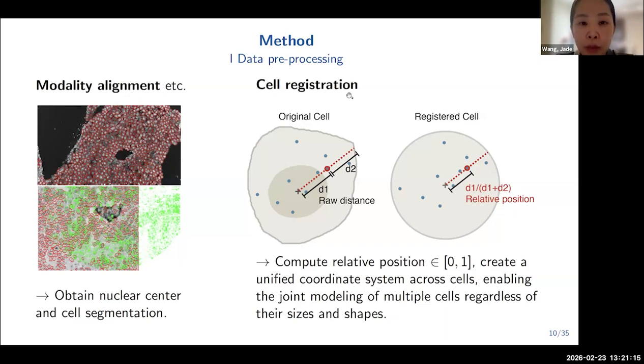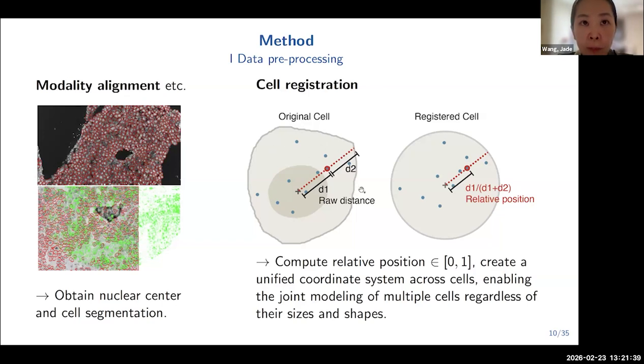And then we move on to the second stage of preprocessing, an important step, because we said in many cases we want to borrow information across multiple cells, but these cells have different shapes. So we'd like to register cells into a common template. Suppose here is some random cell.